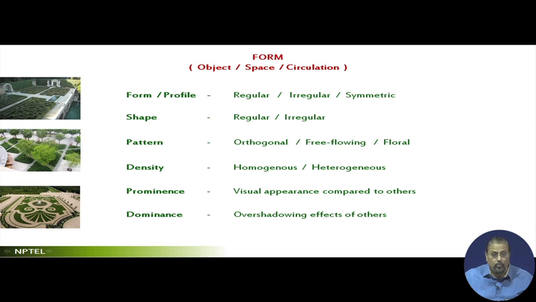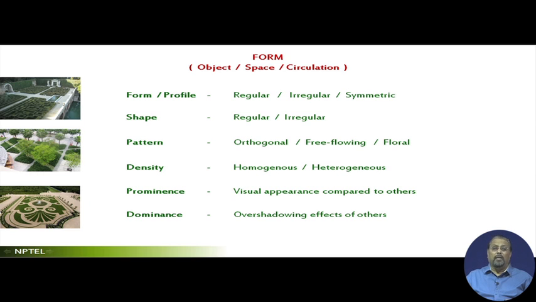Next is prominence. Prominence is the visual appearance of one in comparison to the other. It is something like when we say that this particular person was very prominent over there, because basically you are saying that person was drawing attention compared to the others.